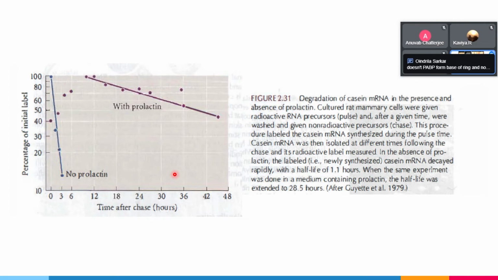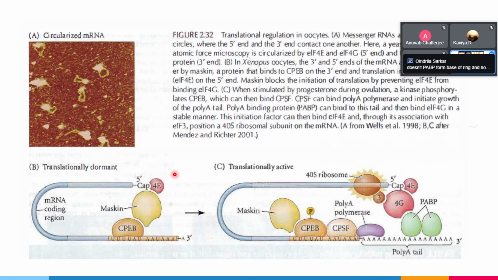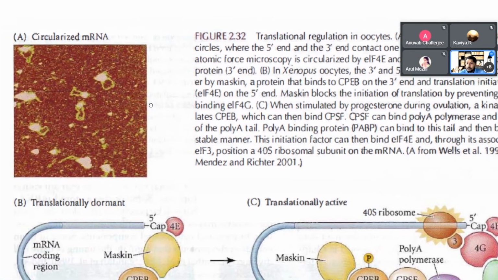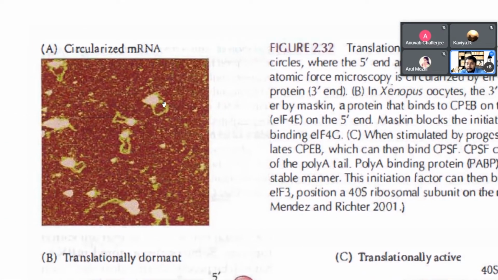Doesn't PABP form the base of the ring, not the crest? So essentially, if we look at this structure right here, the string-like structure itself, if I can zoom in, is the mRNA, and all the proteins are too large, and that is why it looks like the head of a structure.